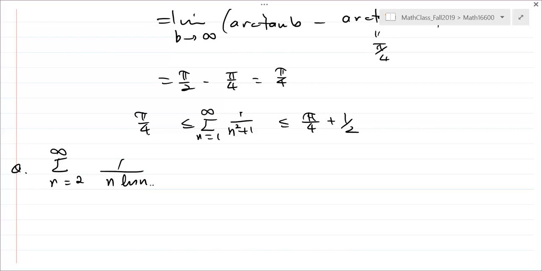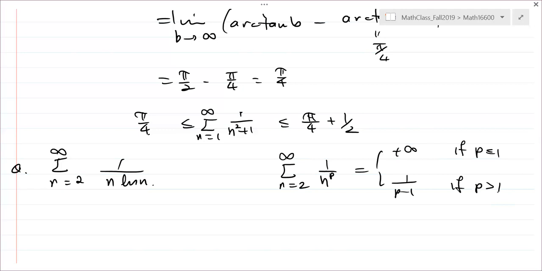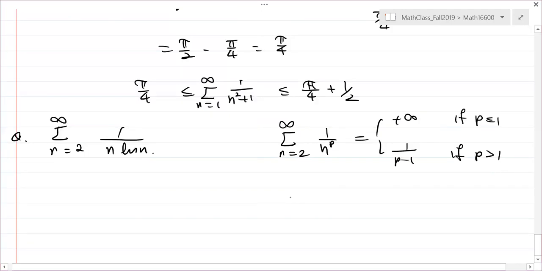Now, we have a p-series test. It only has 2 results: if p is less than or equal to 1, it diverges; if p is greater than 1, it converges. So n to the power p. I want to compare. See, the natural log of n is less than n, clear, right?